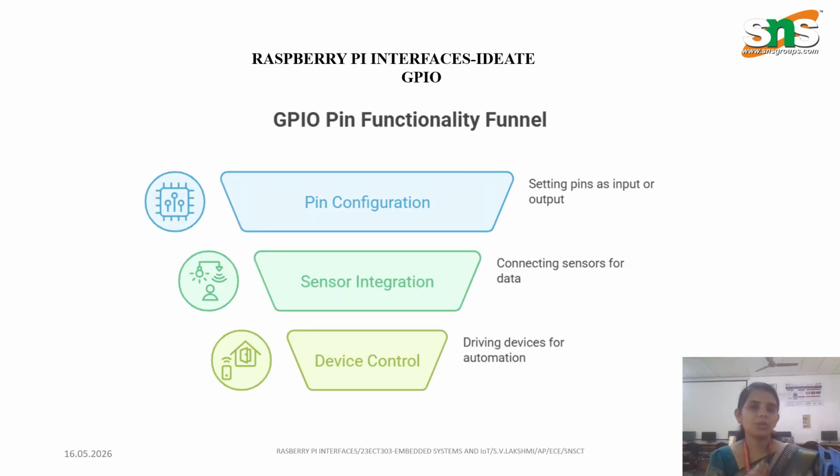First, let us discuss the GPIO interface, that is general purpose input output. These are programmable pins available on the Raspberry Pi board, and they are used for digital communication with external electronic components. The modern Raspberry Pi boards have 40 pins, which work at 3.3 volt logic, and they can act as input pins, output pins, or alternate function pins.